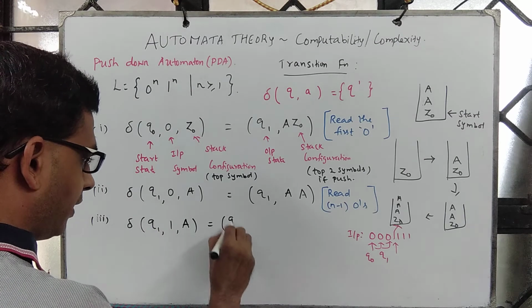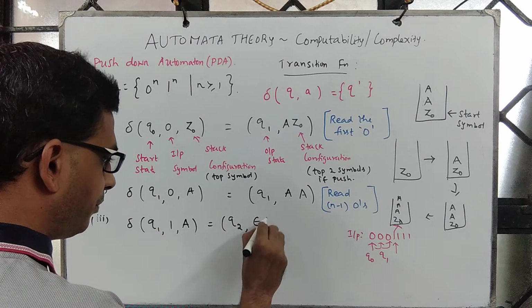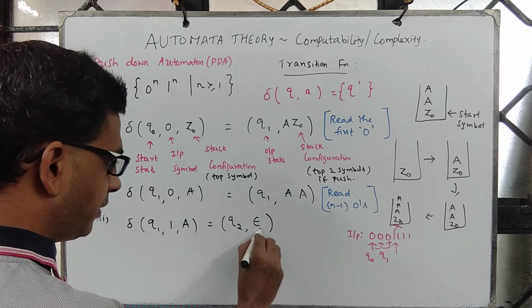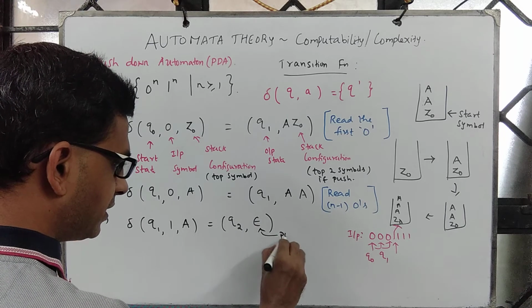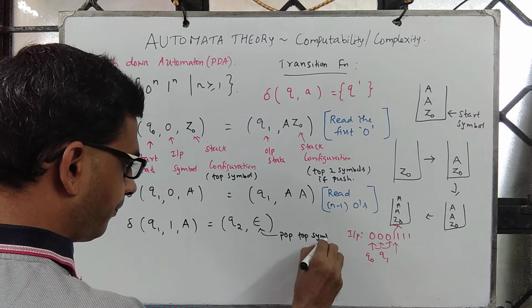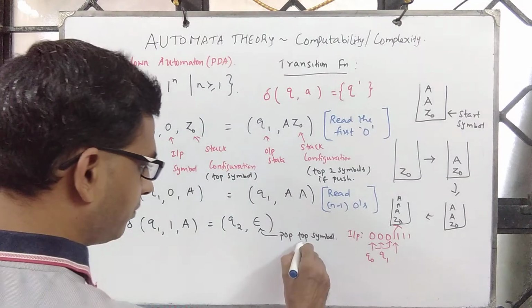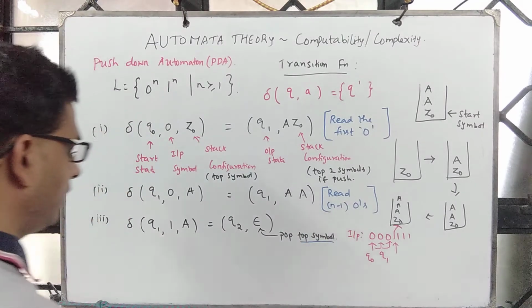Now we say you go to Q2, we need to perform pop, that is denoted using this symbol, epsilon, which means pop the top symbol.